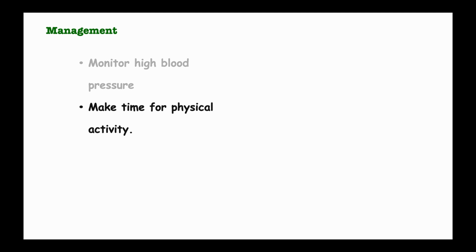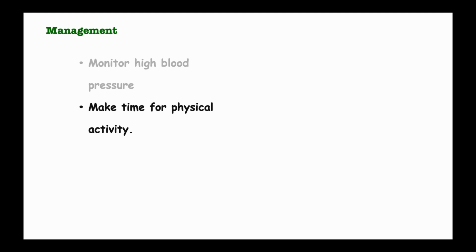Now, because we said chronic hypertension is the common cause of left ventricular hypertrophy, our aim in treatment is prevention and control of high blood pressure. Non-hypertensives must regularly check their blood pressure and seek medical advice. They must also exercise regularly, at least 30 minutes of moderate exercise, so in a week we get about 150 minutes of exercise.